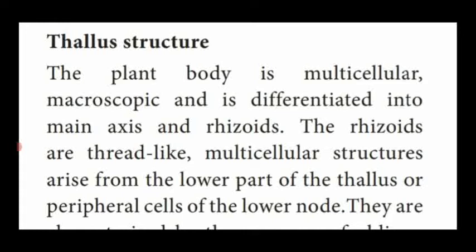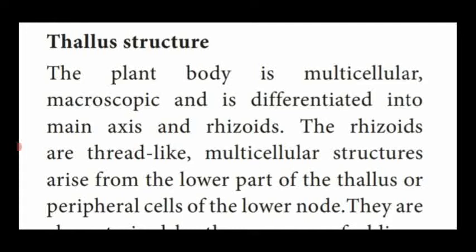But they are having the main axis at the center like a stem in the higher plants, and the rhizoids like roots which is seen in the higher plants. So the chara plant body differentiated into main axis and rhizoid, made up with many cell, larger in size, that is said to be macroscopic. We can able to see with our naked eye, no need of microscope.